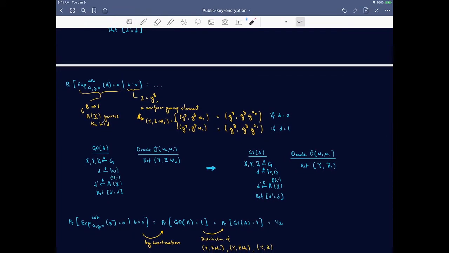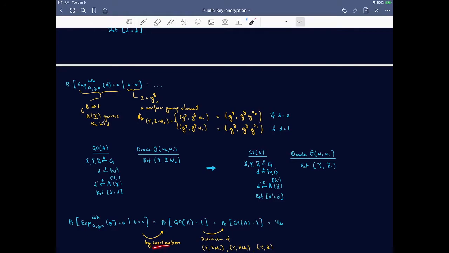So B would lose the DDH experiment by outputting a 1, and it loses because the challenge bit is 0, precisely when A, playing this game G0, would output 1, right? B outputs 1 when A wins its game. All right, so that's the first piece.